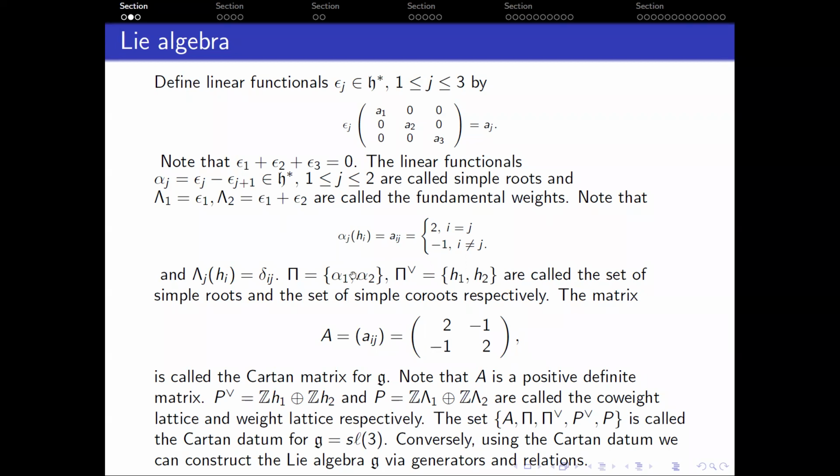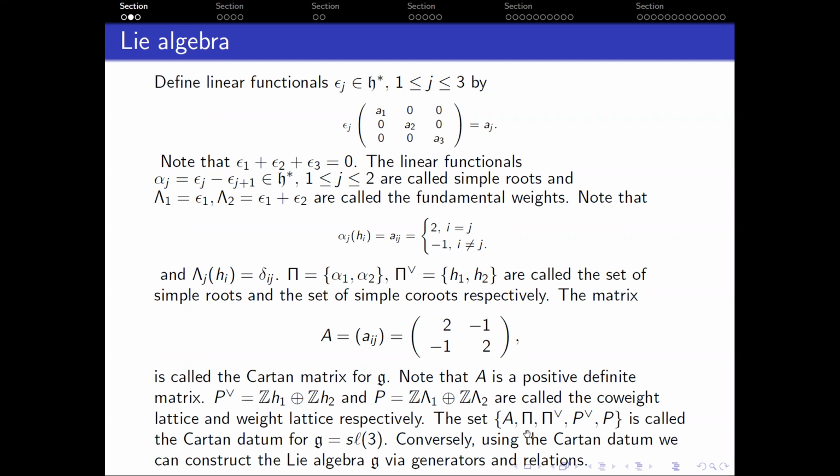As far as the notation, we will denote capital Pi to be the set of simple roots, Pi check to be the set of simple co-roots, and capital P to be the weight lattice. So it is an integral lattice spanned by lambda 1 and lambda 2, and the co-weight lattice is spanned by H1 and H2.